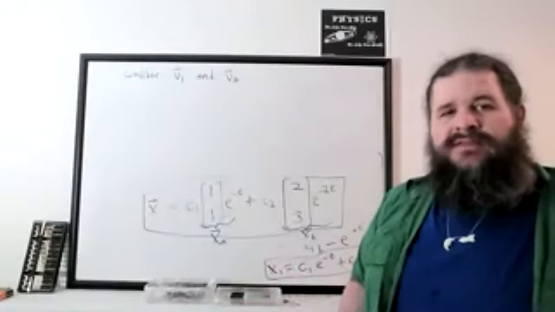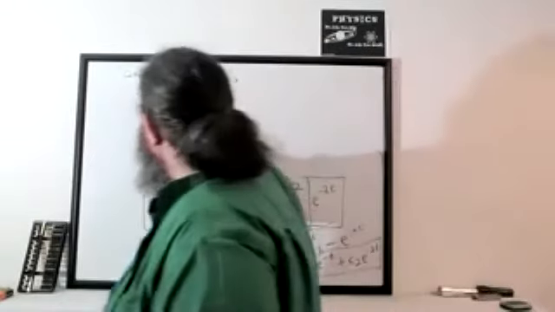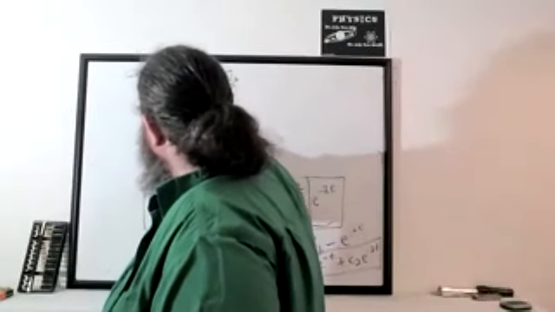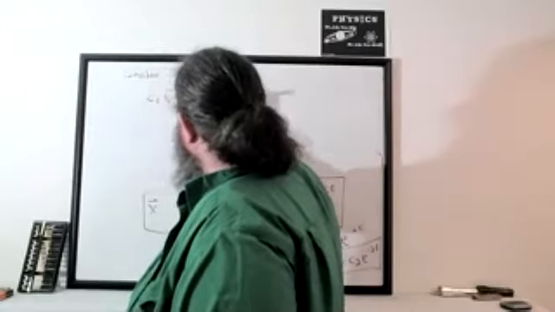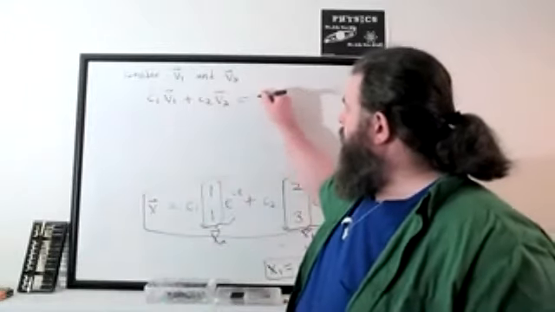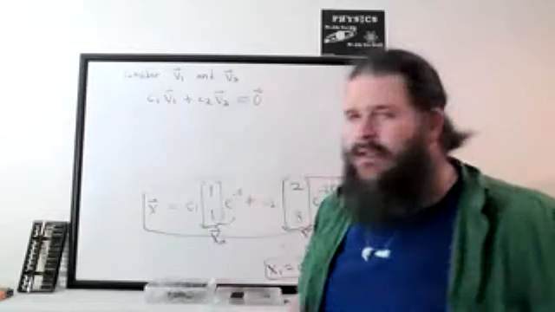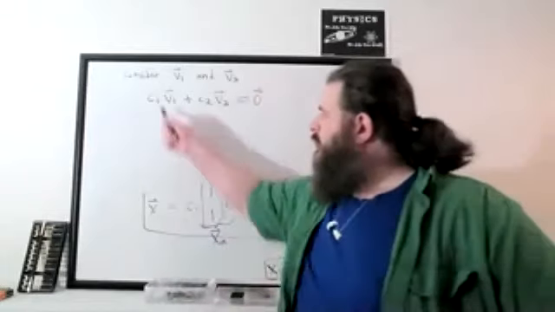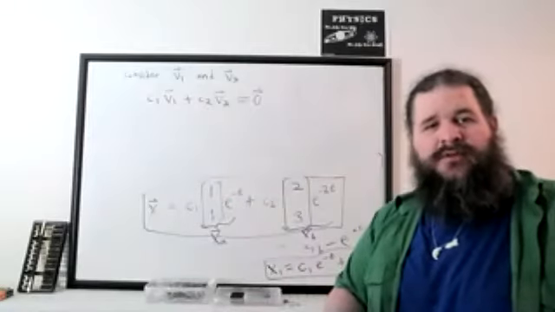If we take a look at the equation c1 v1 plus c2 v2 equals 0, in other words, a linear combination of those vectors that happens to add up to 0. What's one value of c1 and c2 that will always make this equation true?